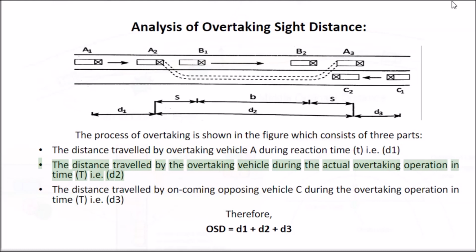The distance traveled by the overtaking vehicle during the actual overtaking operation in time T, i.e., d2. The distance traveled by the oncoming opposing vehicle during the overtaking operation in time T, i.e., d3. Therefore, OSD equals d1 plus d2 plus d3.